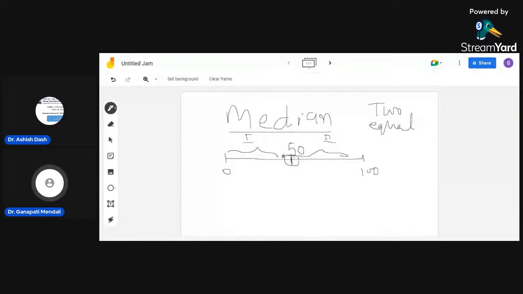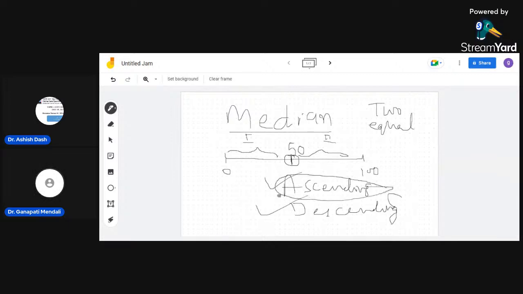But one thing you have to keep in mind: we first have to arrange the data in either ascending or descending order. If a data series is given and we simply take the middlemost value, it will be wrong. First we arrange the data in ascending or descending order, and only then can we calculate the median. Let us see what problem we will have otherwise.